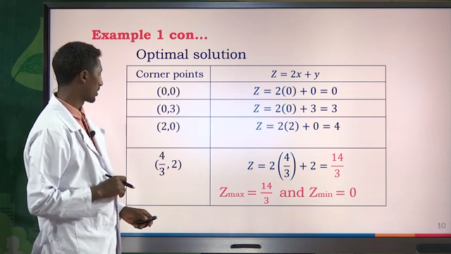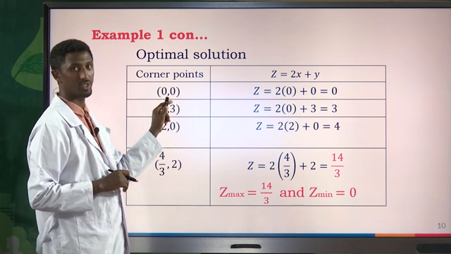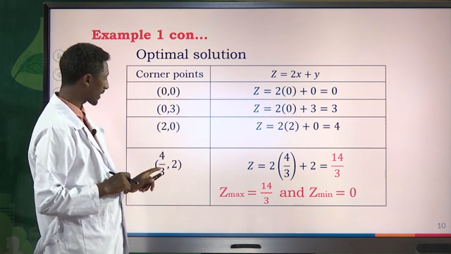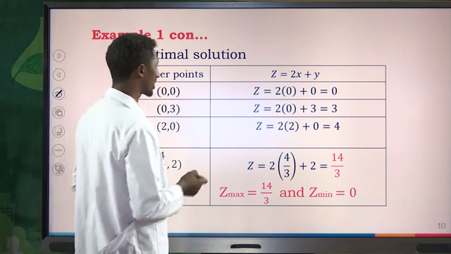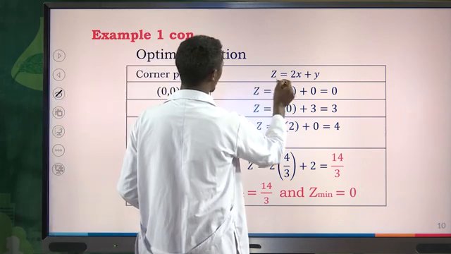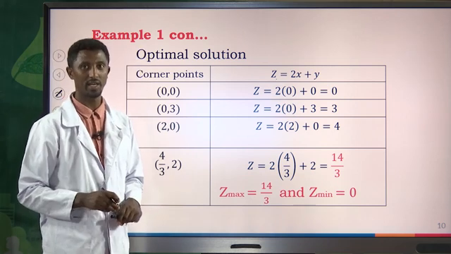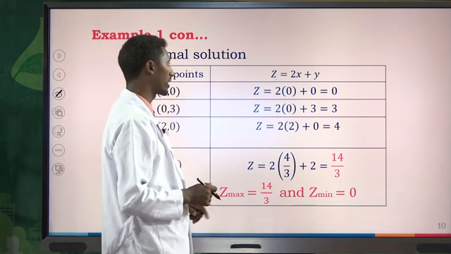Now, we have the corner points. The one is (0, 0). The others are (0, 3), (2, 0), and (4/3, 2). What is the objective function? It is z equals 2x plus y. So we'll evaluate the objective function at each of the corner points.